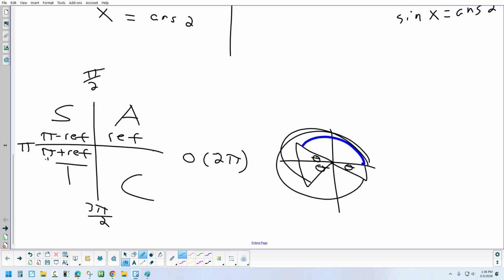Yeah, 2 pi minus the reference angle. So when you're working with a reference angle, the ASTC tells you what quadrant you have to be in, and then the formula tells you how to find the answer in that quadrant.